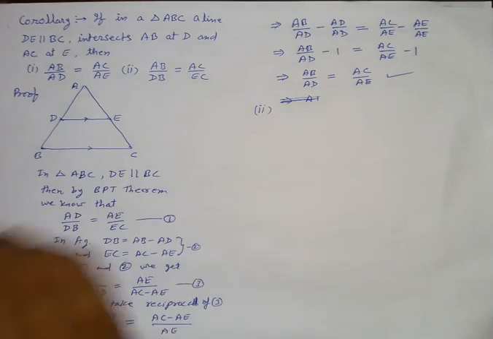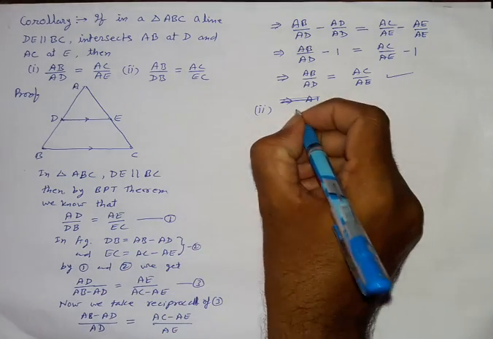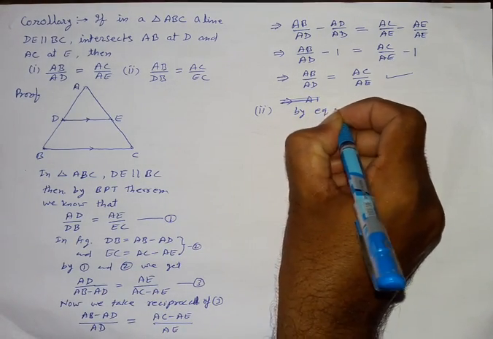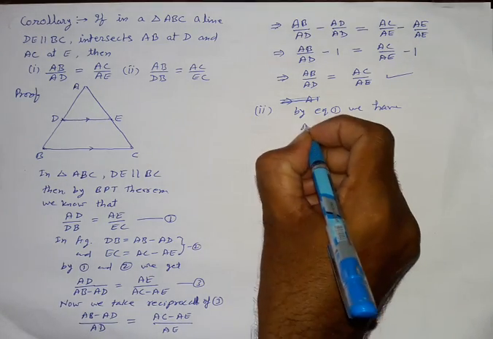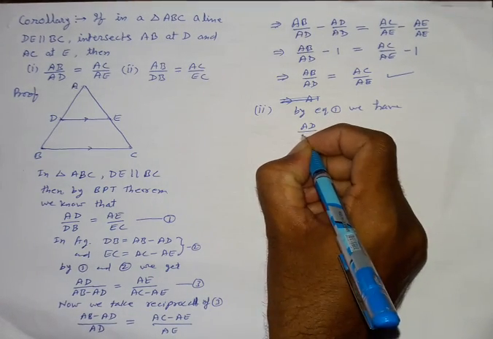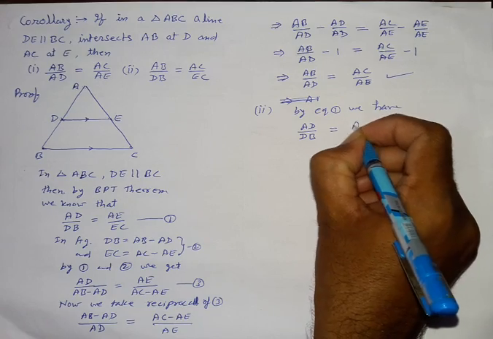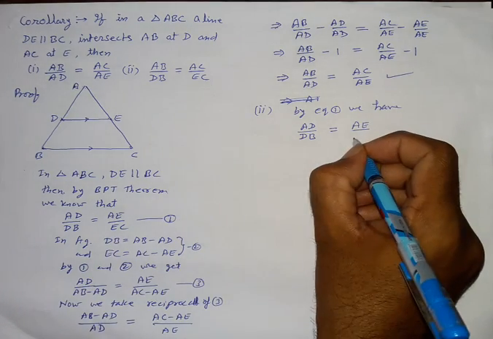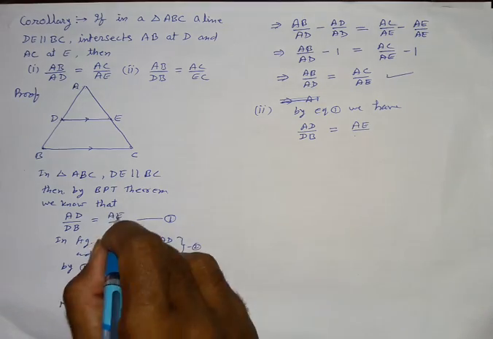Again we see in the figure, by the BPT theorem, or by the first equation, we have AD upon DB is equal to AE upon EC.